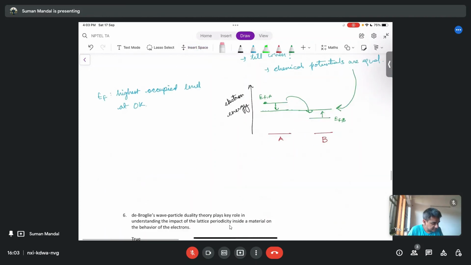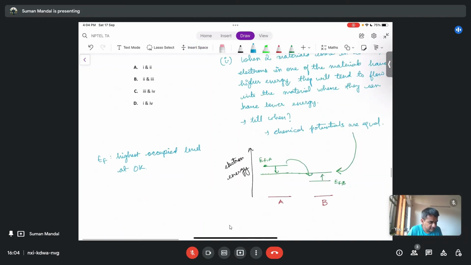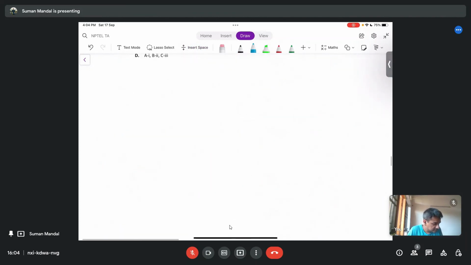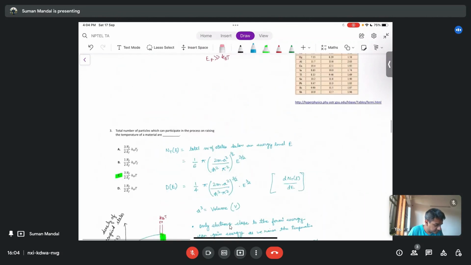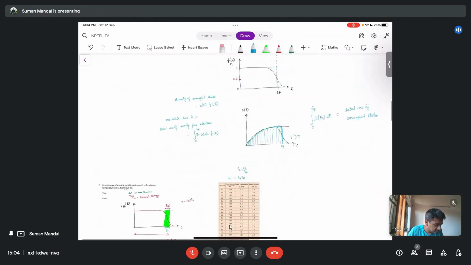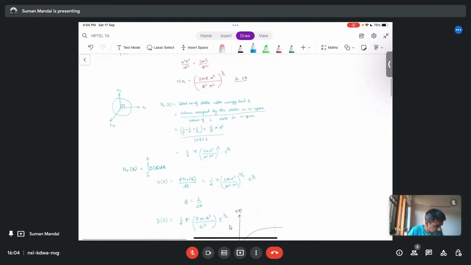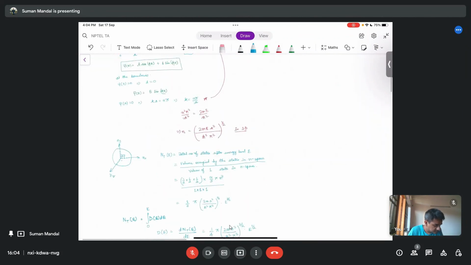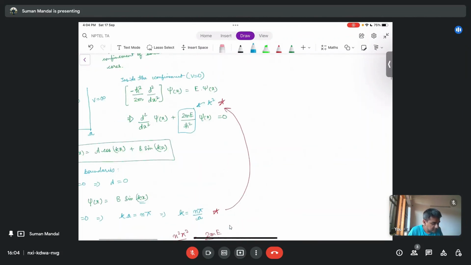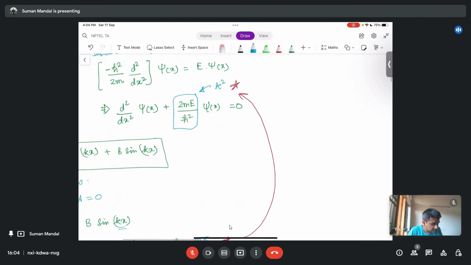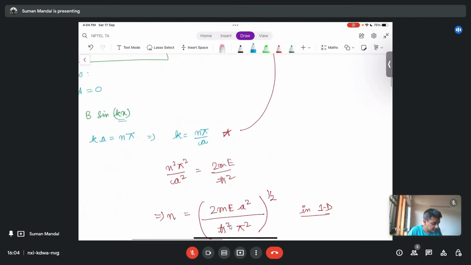As we had solved earlier, what is the equation for energy? 2mE by h cross square is equal to k square, and k is n pi by a.